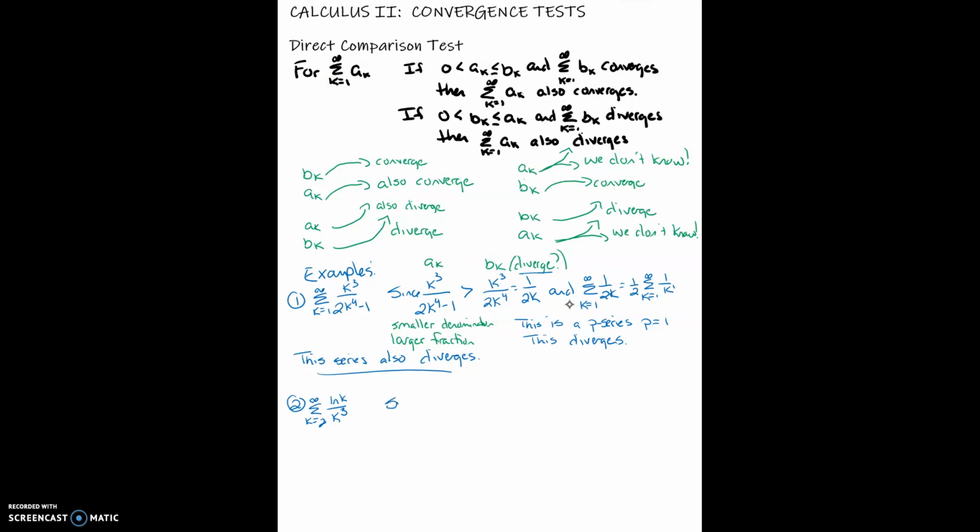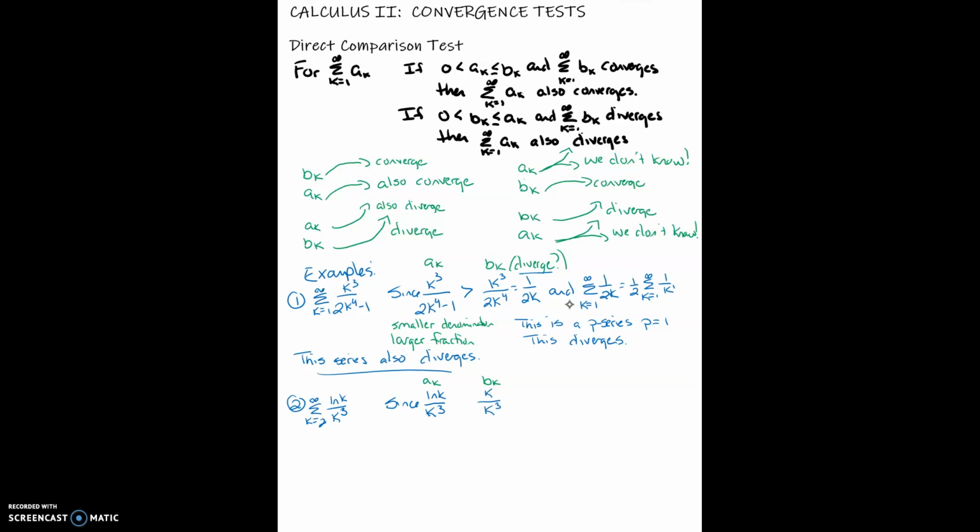I'm going to first look at my a sub k's, the natural log of k over k cubed. These are the a sub k's. We have to find some b sub k's. Well, I'm going to take a look at k over k cubed.